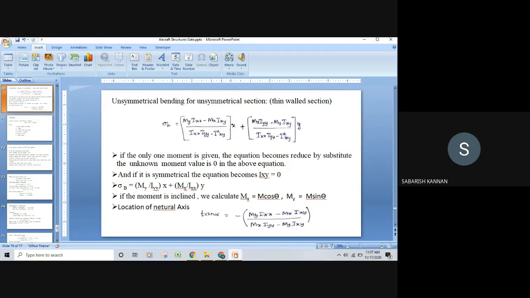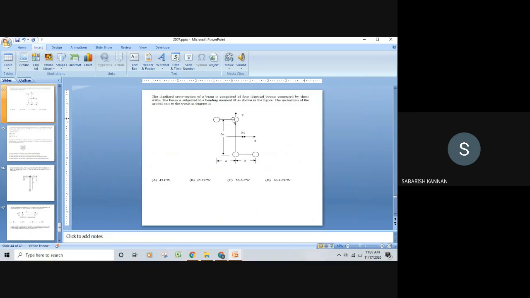Here the thickness is negligible. They didn't give the thickness value, so you just take the Ixx value as area into y minus y bar whole square, and the Iy value as area into x minus x bar whole square.